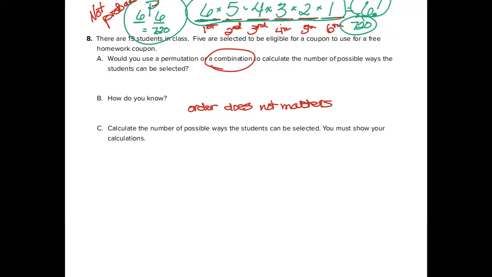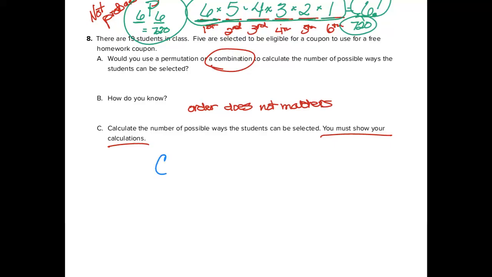So letter C says, calculate the number of possible ways the students can be selected. You must show your calculations. Now, what I said was for you to use the combination formula on your calculators.